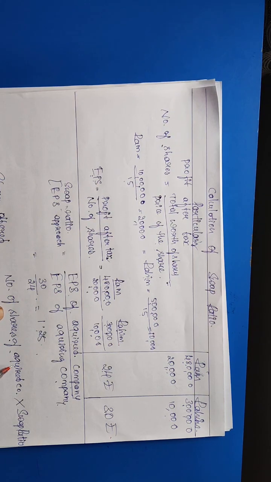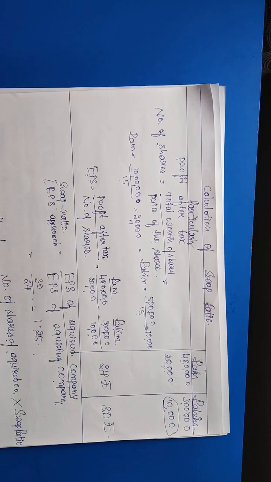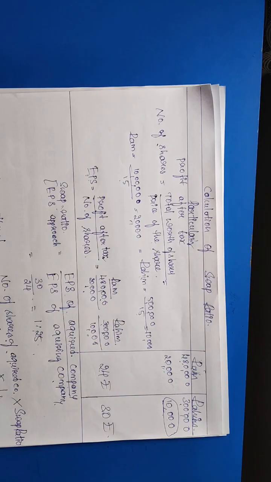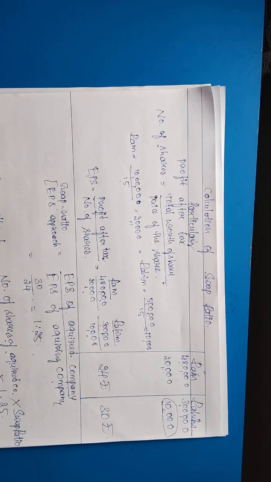The number of shares of the acquired company is 10,000. So 10,000 into the swap ratio, 1.25, that is 12,500 shares. So what does it mean?